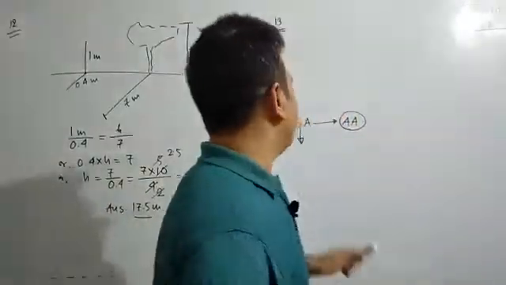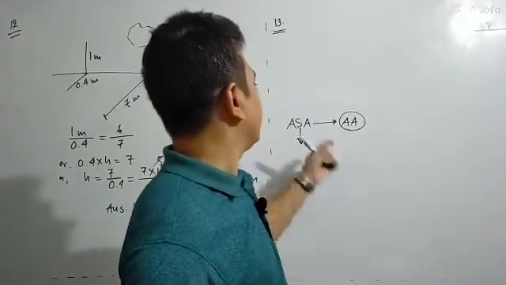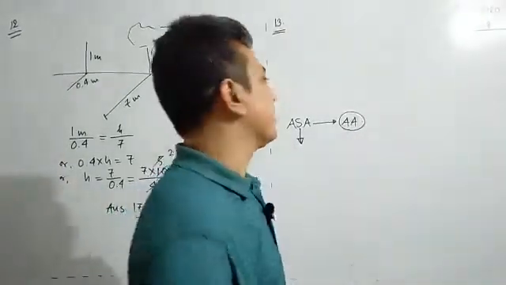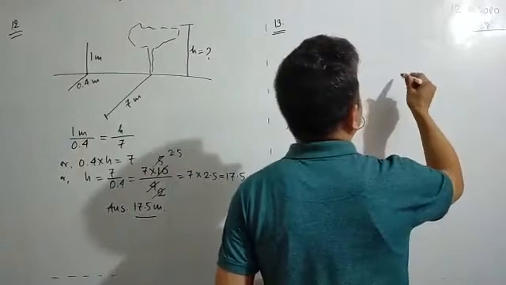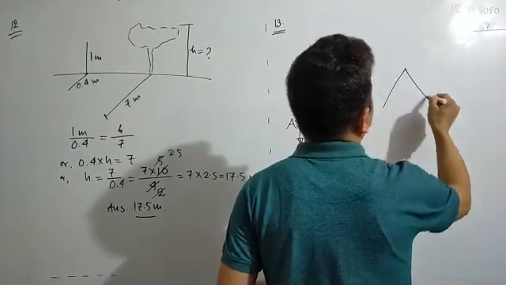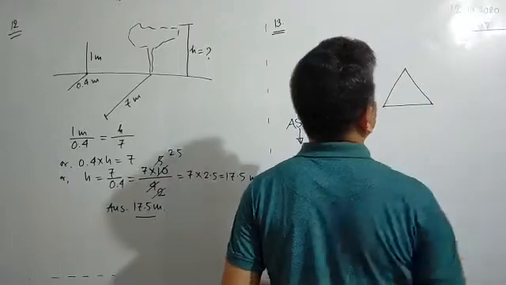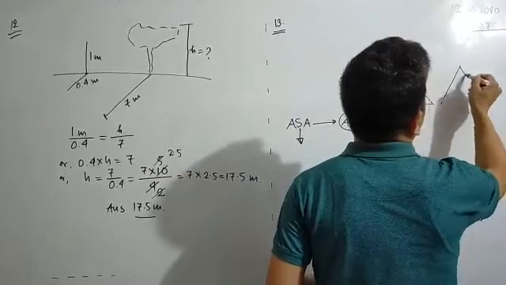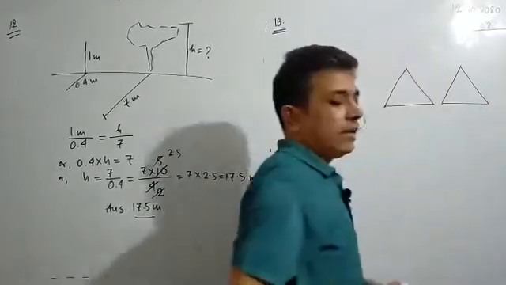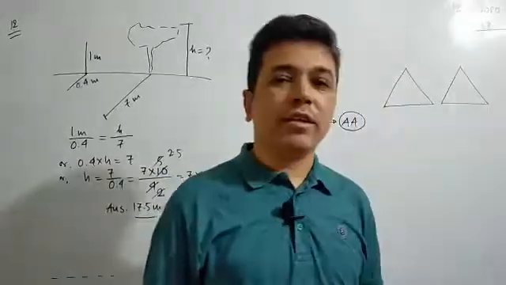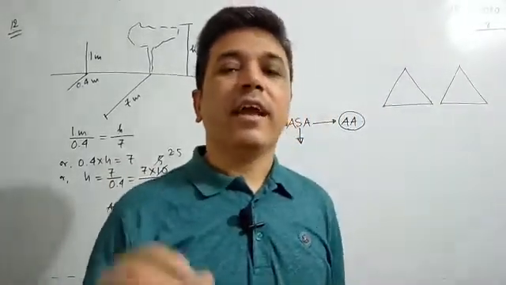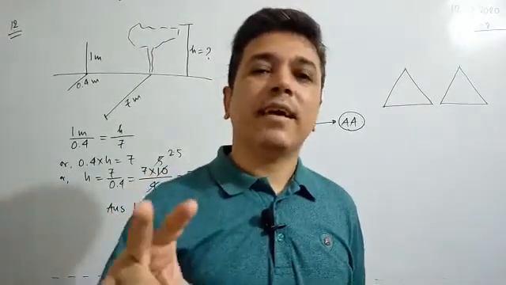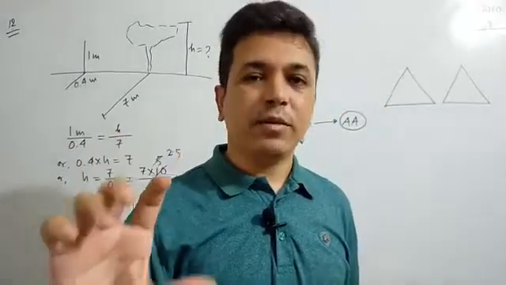So let's see what the reason is. This theorem is ASA and the condition is double A. Why? Look here, I have taken two triangles. For similarity, you know that corresponding angles of the two triangles must be the same.